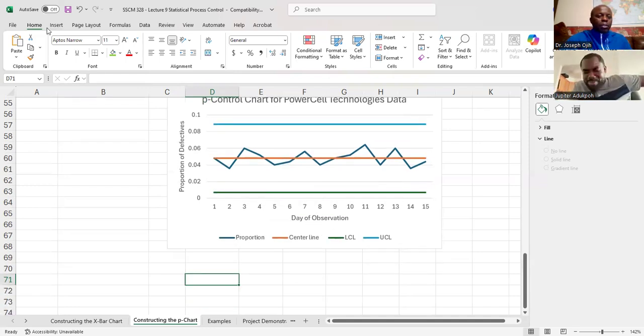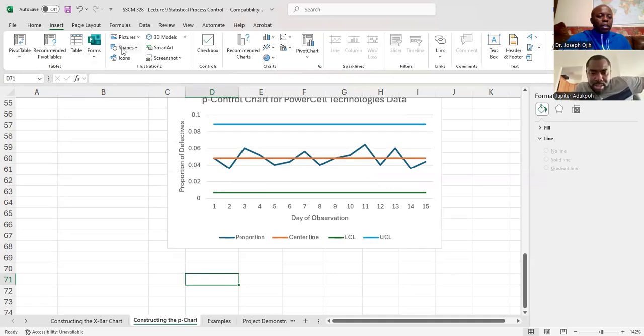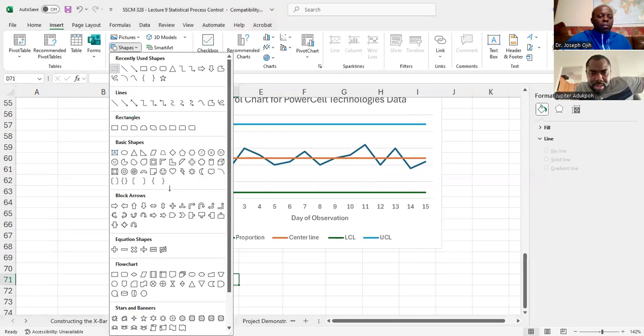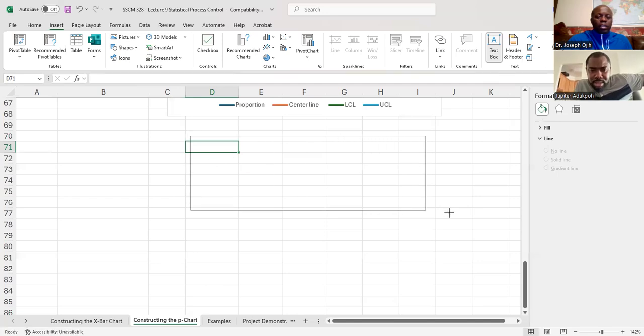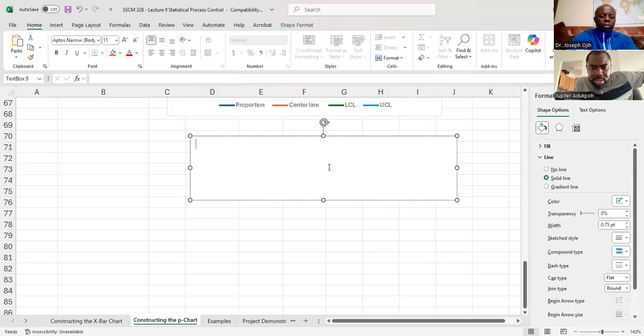Now, for the interpretation, a brief explanation of two sentences is enough for me. Interpretation.